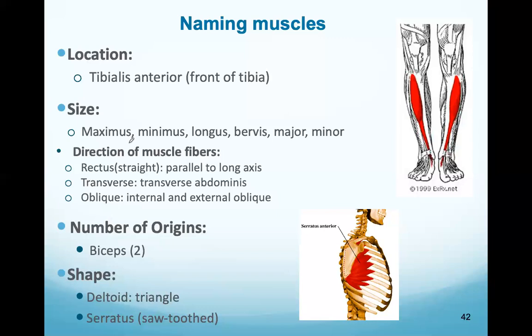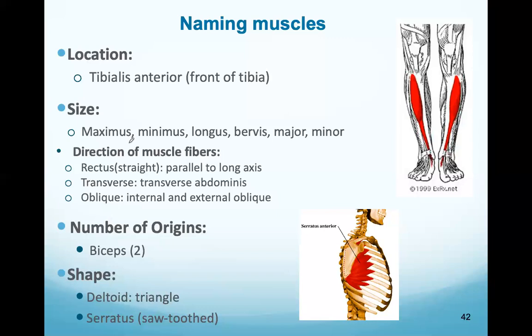Number of origins: if, for instance, you have 2 origins, you can call them biceps, like biceps femoris or biceps brachii, and sometimes you can have 3 origins, like your triceps brachii. And then lastly, the shape of the muscles, things like the deltoid muscle. The word deltoid implies triangle.